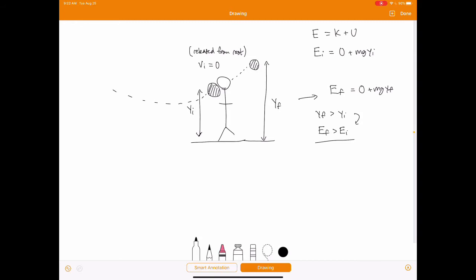So in particular, if we have no air resistance, this means y initial is equal to y final. So it swings back to the same exact height that it started from because, of course, when we have no air resistance, initial and final energies are the same, so that implies initial and final height would also be the same.